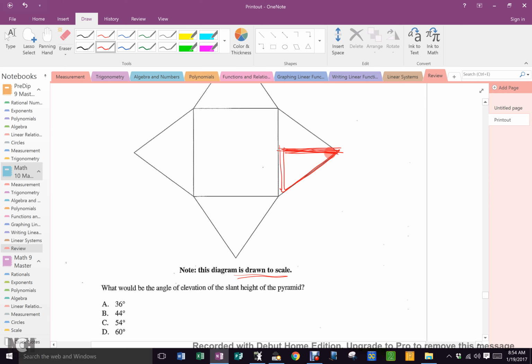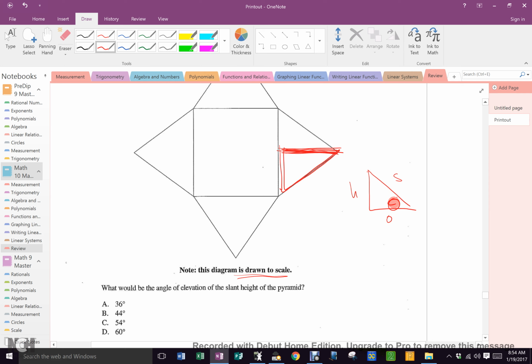Find that distance. That gives you your slant height. Then, once you had your slant height, you would have to find your height by taking this distance and your slant height to get your height. Then you would have to use two of those to find theta.